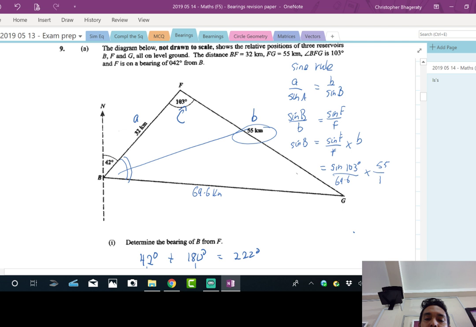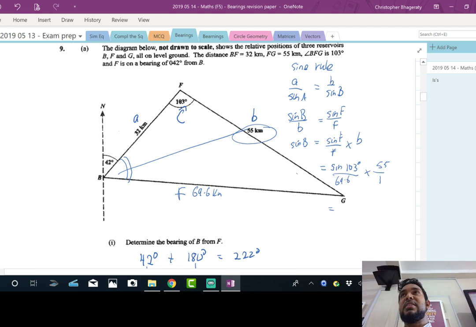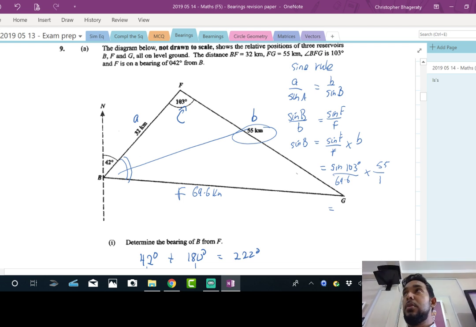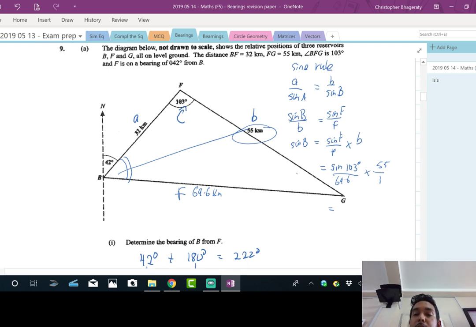So if somebody wants to plug that into their calculator, you can do sine 103 divided by 69.6 and then multiply by 55. You will get a decimal, 0 point something something, because that is what sine B is equal to. Make sure first of all that your calculator is in degrees.